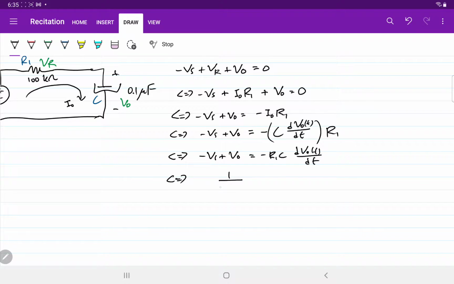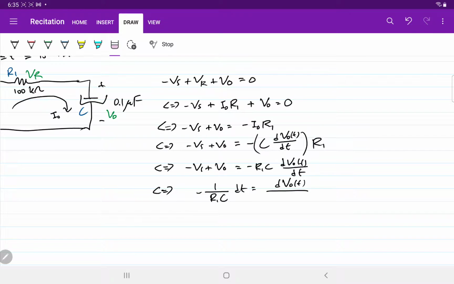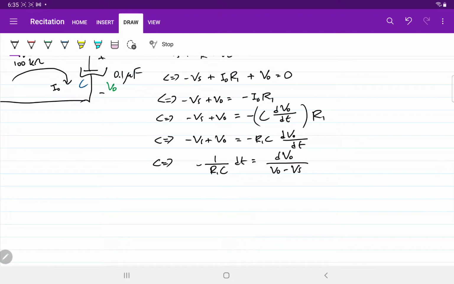So you can multiply both sides by minus 1 over R1C, dt, and dV0 over V0 minus Vs. We can remove the t for simplicity. So that's what we have.